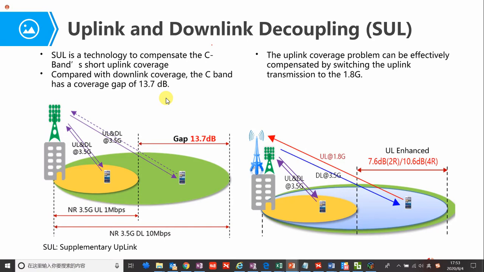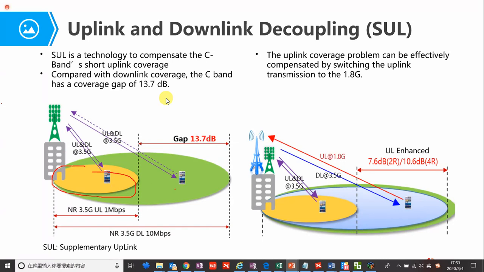Look at this picture. The yellow color is the coverage for the uplink for C-band, and the green color is the coverage for the downlink C-band.